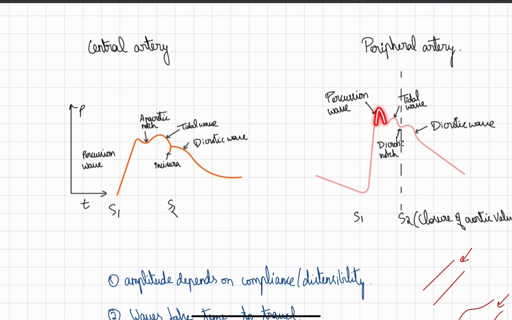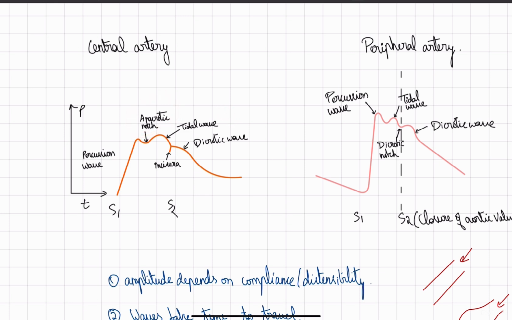After a percussion wave, you have a tidal wave, right? So there is no anacrotic notch and all. But there is an anacrotic notch here. Why? What forms a tidal wave first? If you understand that, we will understand why there is an anacrotic notch.